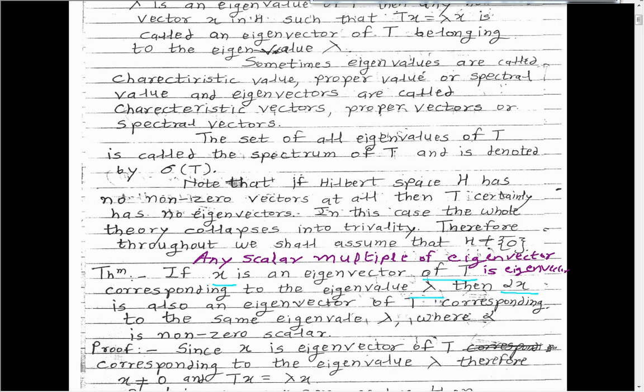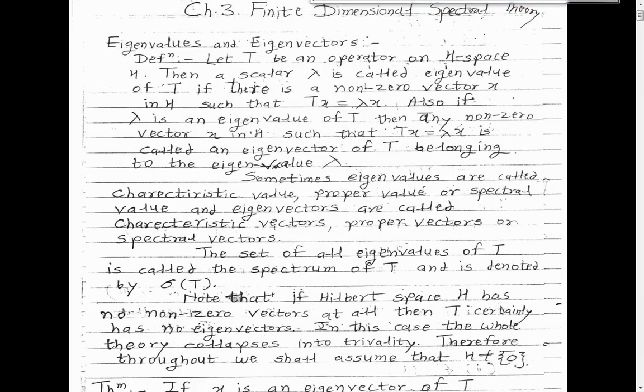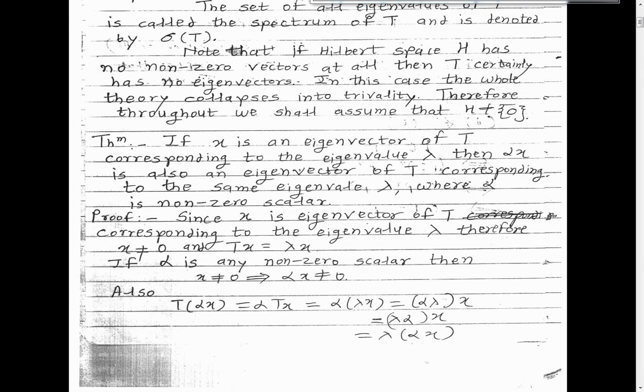This easily follows from the fact that T of alpha x equals alpha Tx, which equals alpha times lambda x, because x is an eigenvector corresponding to lambda.